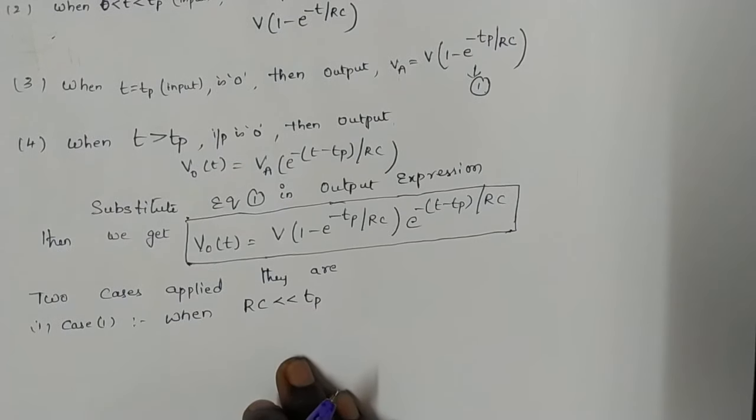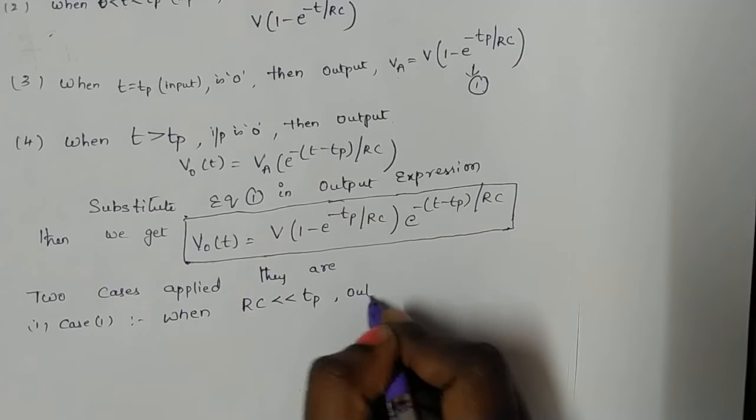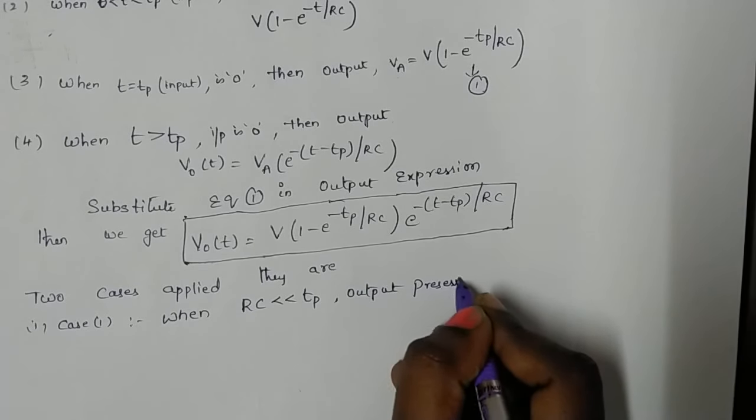Okay, here when RC is far less than Tp, the output preserves its shape.